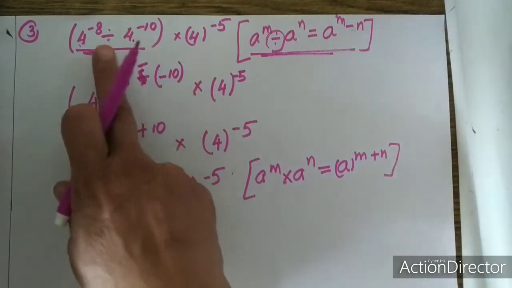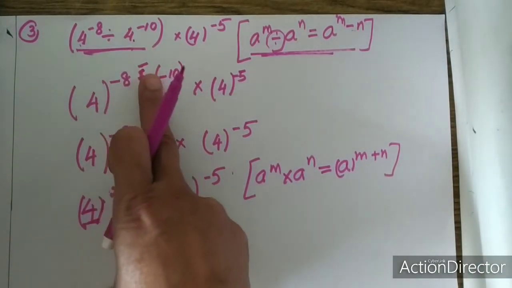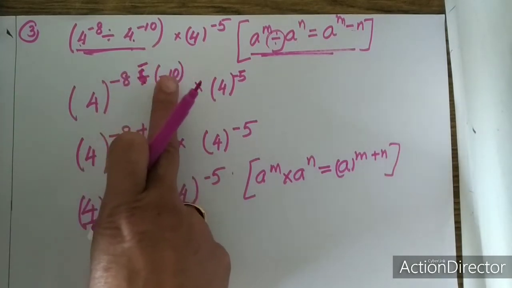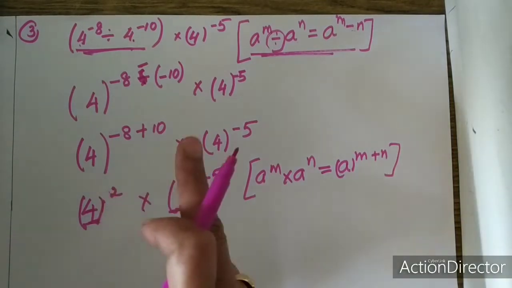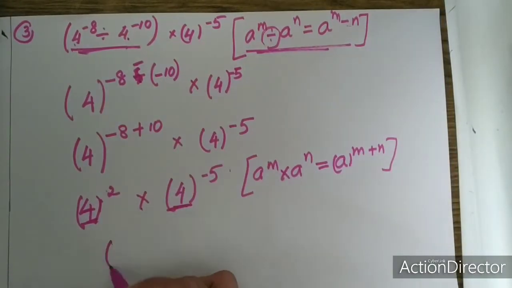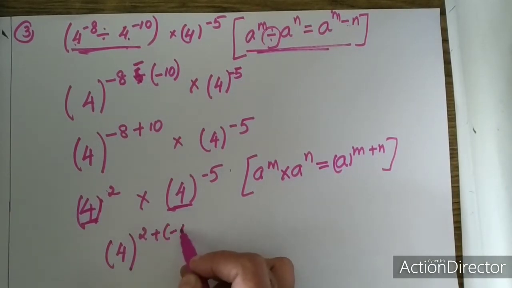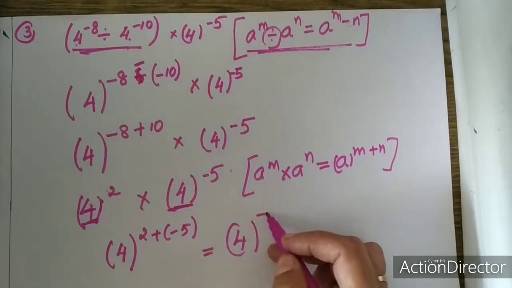When there is a division sign, you have to subtract the powers, power 1 minus power 2. You remember that formula, power 1 minus power 2. Here there is an addition sign, so you have power 1 plus power 2. So this can be written as 4 raised to the power of 2 plus minus 5, which is equal to 4 raised to the power of minus 3.